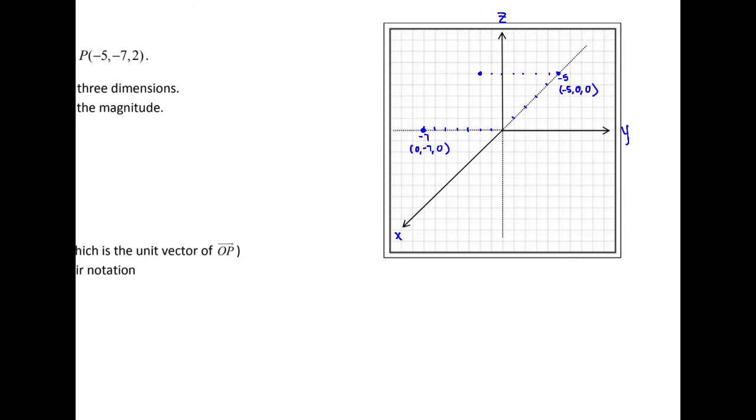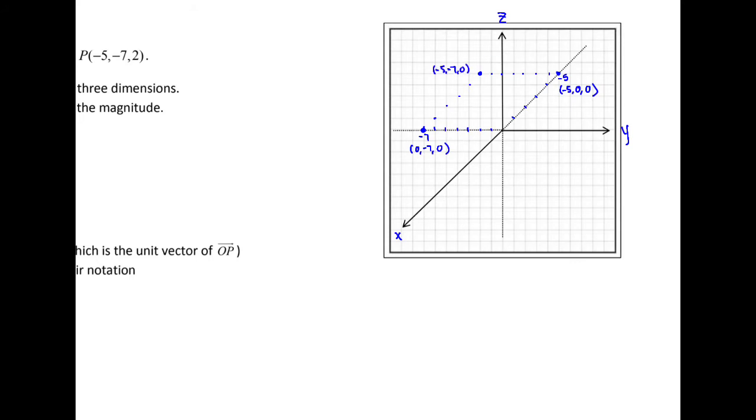And at the same point on the y value of -7, we pretend there is an x-axis and go -5: -1, -2, -3, -4, -5. At this point, the coordinate is (-5, -7, 0). And here we have the base of the rectangular box, which looks like a parallelogram.